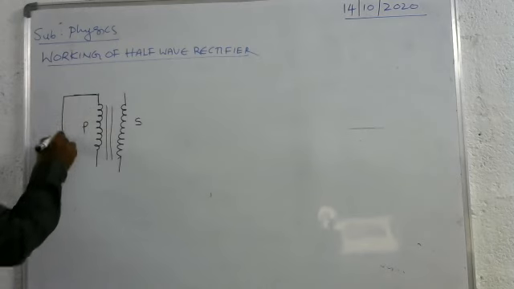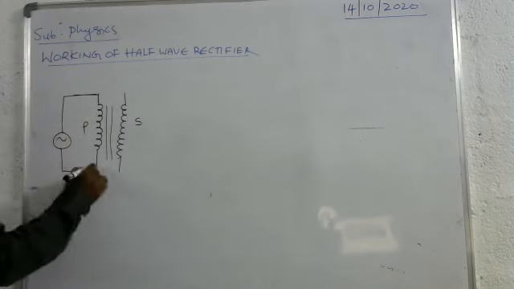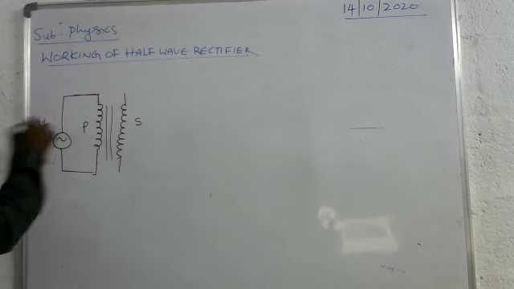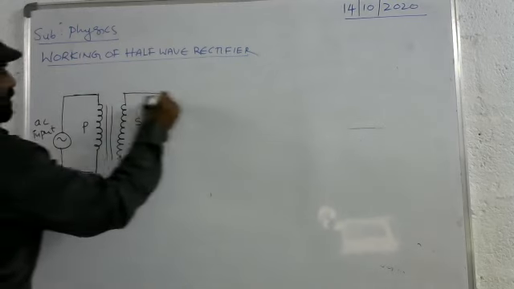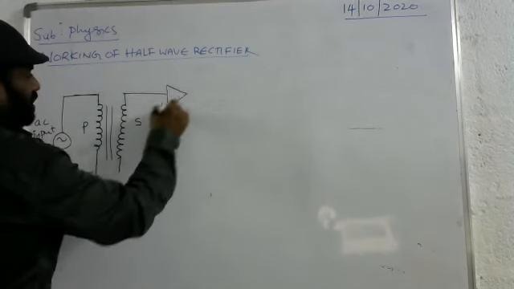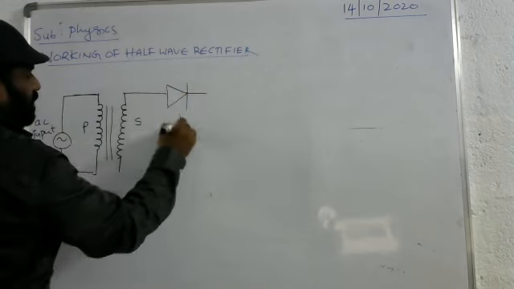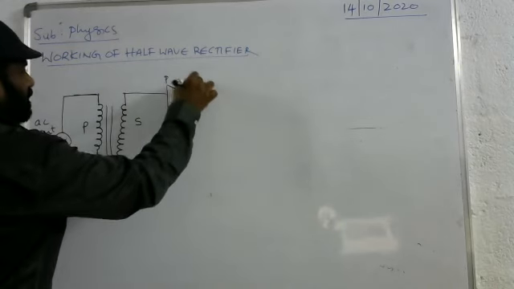Let the AC input signal be applied here. We are inputting AC here. Here we are using a single diode D. This is the P type and this is the N type.